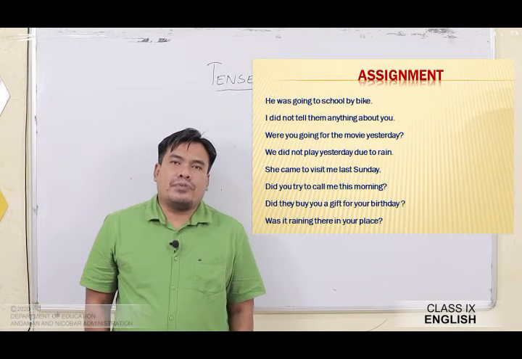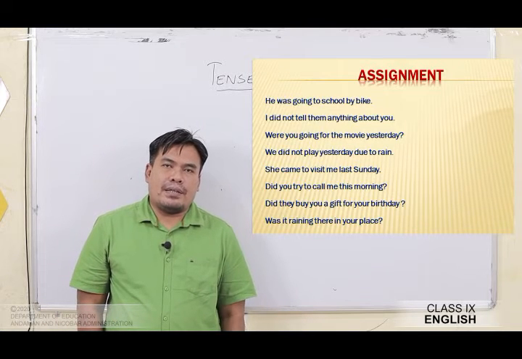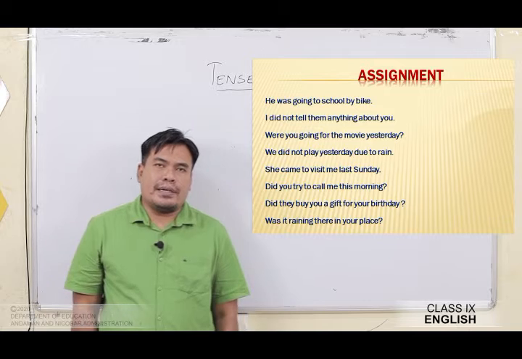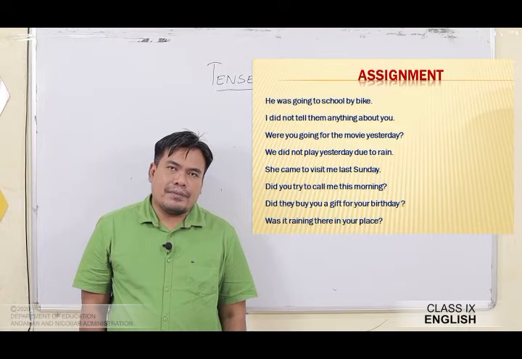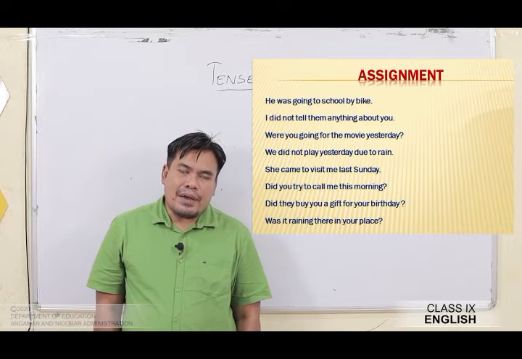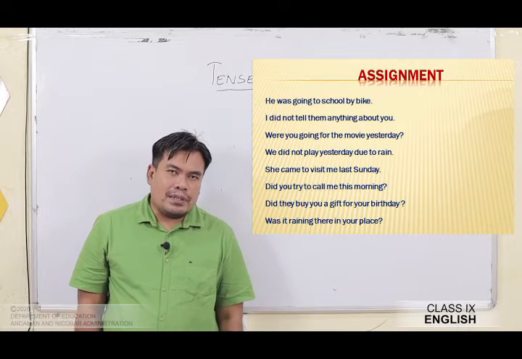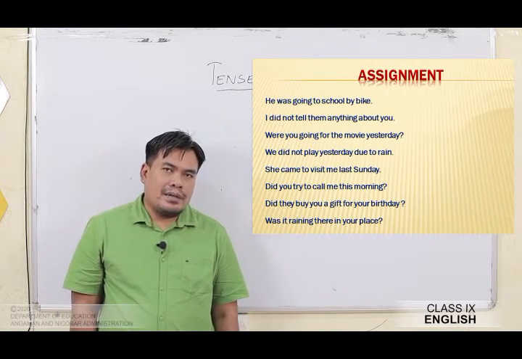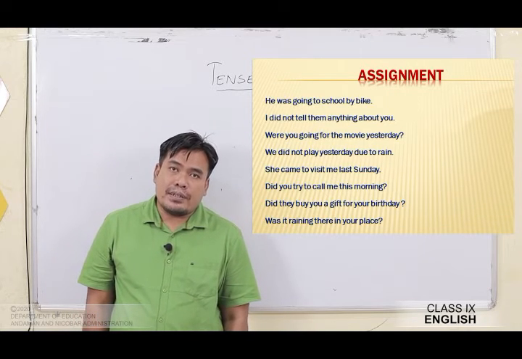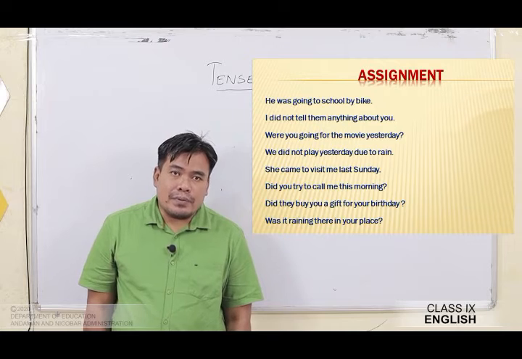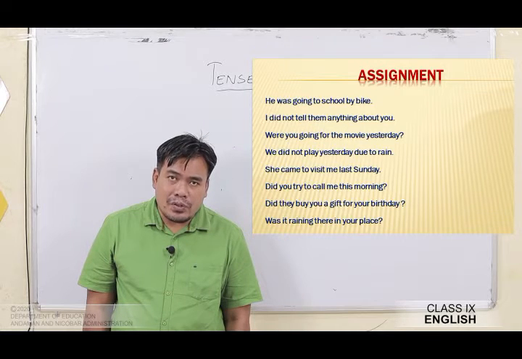There are some assignments for you that are there on the screen. He was going to school by bike. The first sentence, you'll have to find out which tense it is, which statement, of course, and the number, whether the number being used is actually singular or plural.